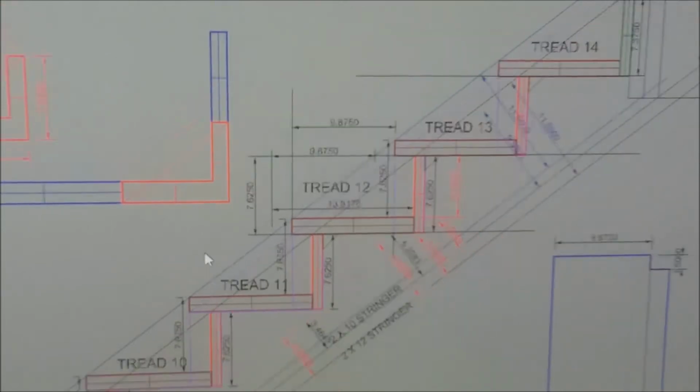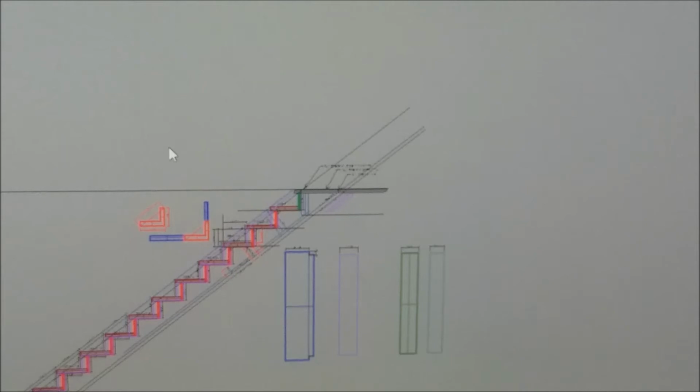So let's zoom this out a little bit. And actually, let's go to here. Oh yeah, let's write all over ourselves. 106.750. If it was actually on the screen, that's what it would say. Okay, this is our total rise.